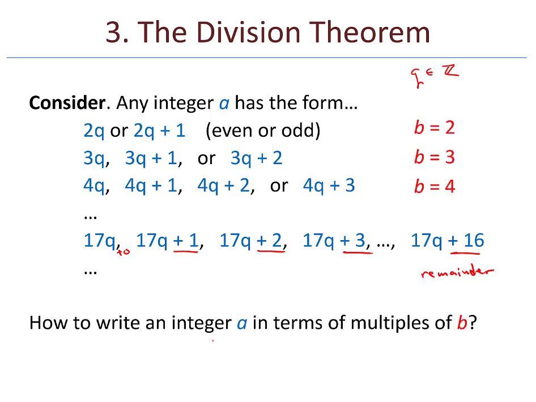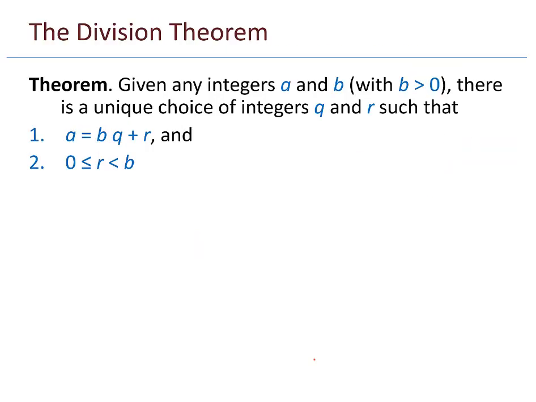So how to write an integer a in terms of multiples of b in general? I did it when b was 2, I did it when b was 3, when b was 4, when b was 17. Let's express this idea with a generic b. Here we go. This is the division theorem.